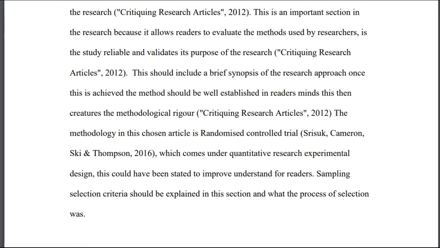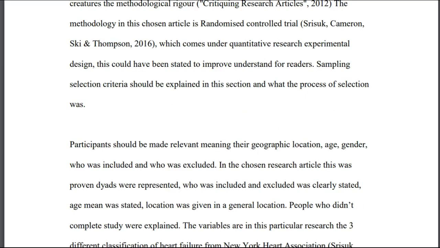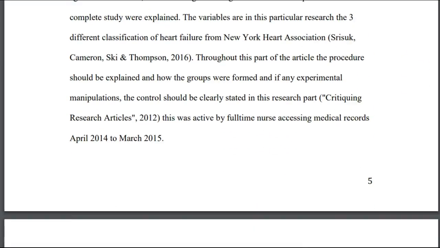So here, this is an attempt to do some signposting. What this sentence could have been improved by saying is, should contain methodology, sampling, and ethics, and this will be discussed now. Okay, so that's the sort of thing that can improve.